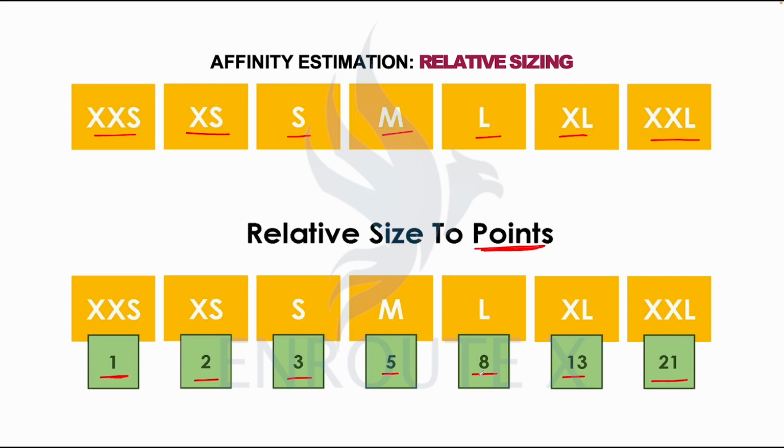Then 5 plus 8 makes 13. Then 8 plus 13 gives us 21. That is what we call the Fibonacci sequence. You may want to find out its origin, but that is what we use here.